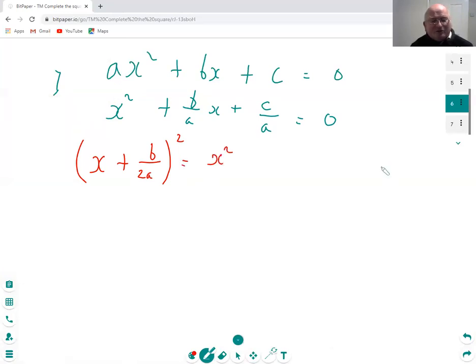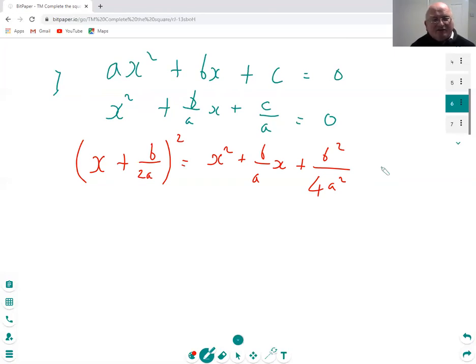And we get x squared plus b over a x, because we've got two lots of b over 2a x, which is b over a x. And then square the last bit, which is b squared over 2a squared, which is actually b squared over 4a squared. We've got to square the 2 and square the a, 4a squared.